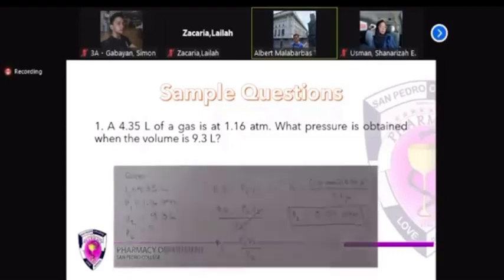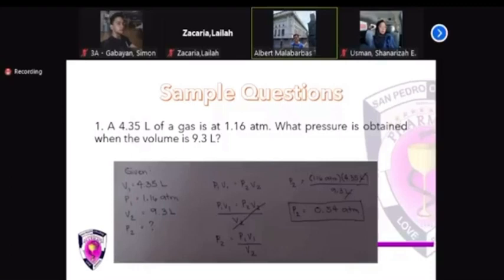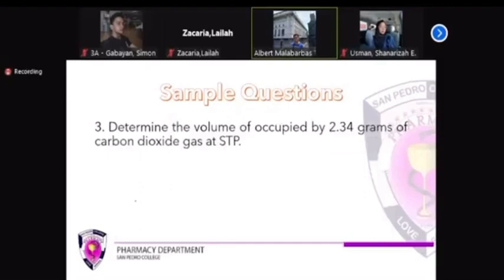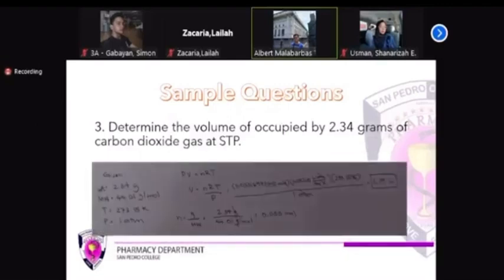We started with Boyle's law, Charles' law, Gay-Lussac's law, Bote, Capre, Carivi, mnemonics para matandaan ninyo ang constants, and then followed by your ideal gas equation and real gas equation or van der Waals, then followed by your Raoult's law, Henry's law, your Graham's law, your Dalton's law, and then your Avogadro's law. So kindly refer na lang to your handouts regarding those different gas laws.